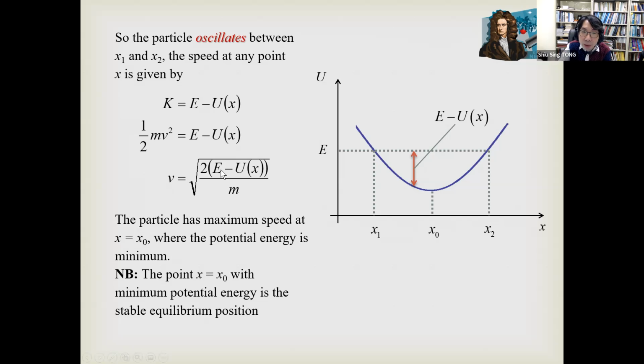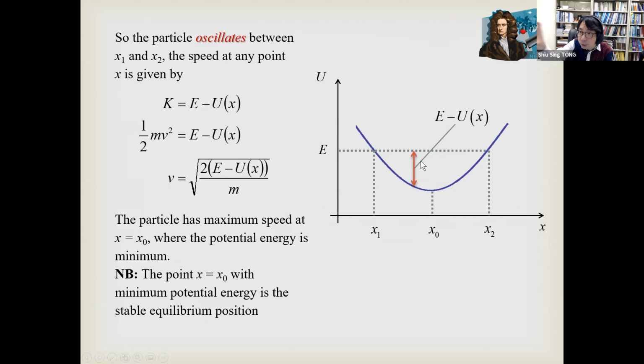Now, what is E minus U? You notice this funny thing. In our graphical representation, E is a horizontal line, right? The total energy is equal to the initial potential energy. And U is the potential energy curve. So in this diagram, it becomes very clear that E minus U is this gap.